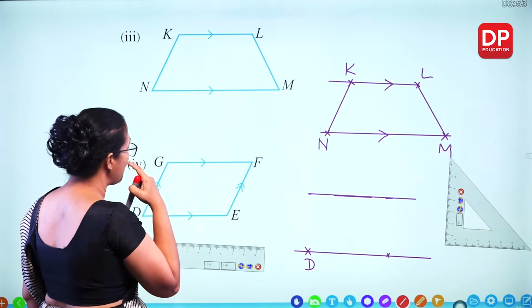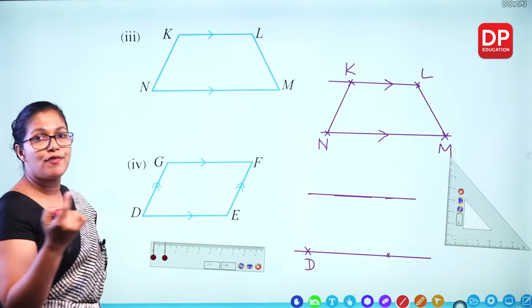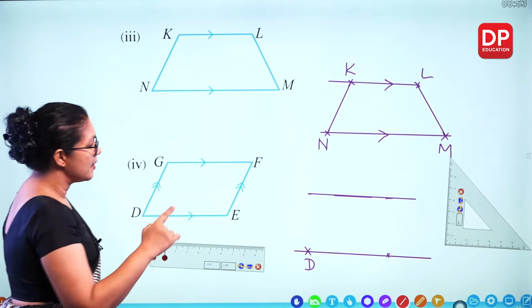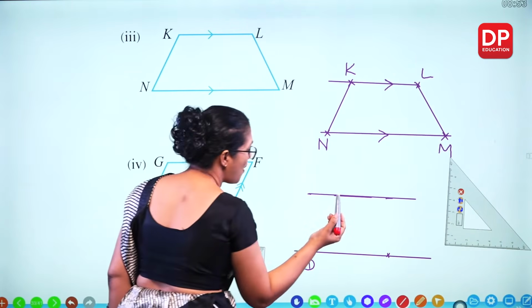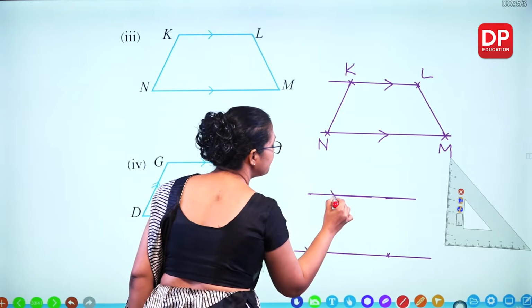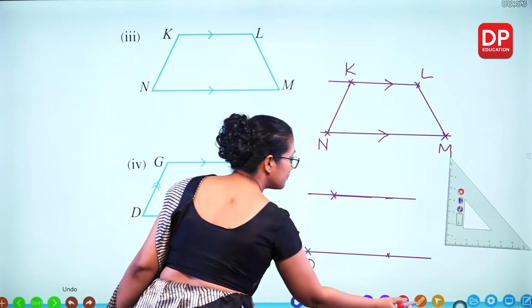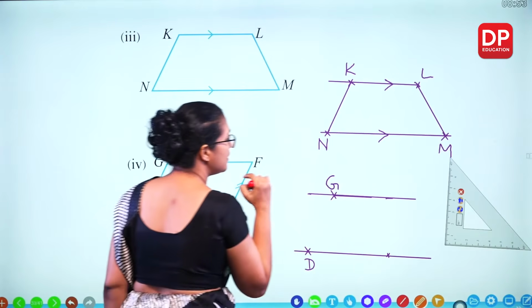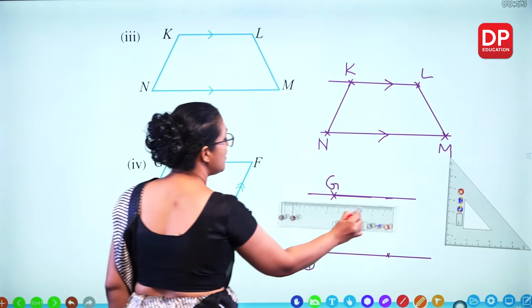Now how do we mark the other one? We know GF length is also 7 because these opposite lengths are equal. So we can mark any point here, G, here, and you can measure the distance.